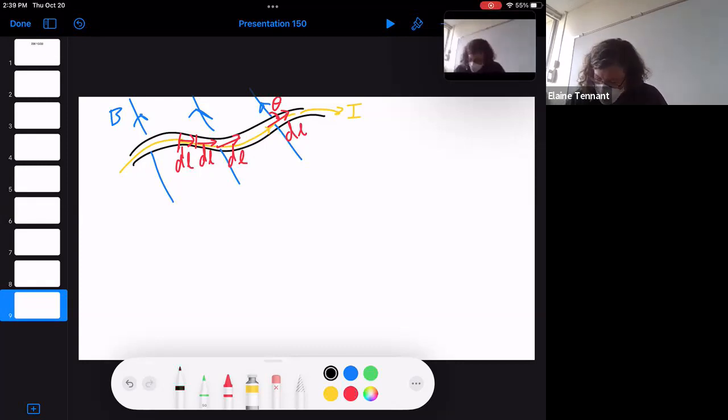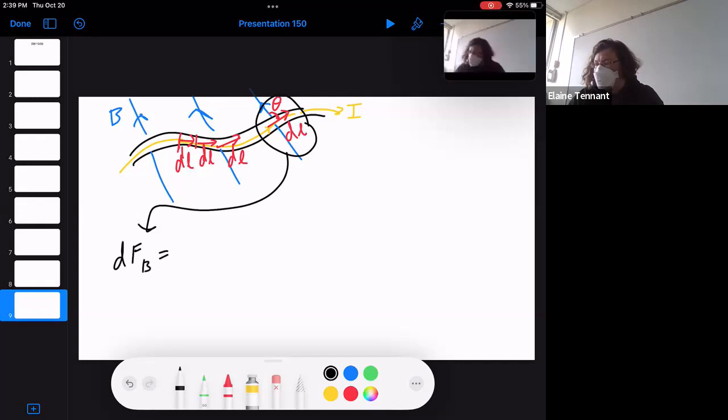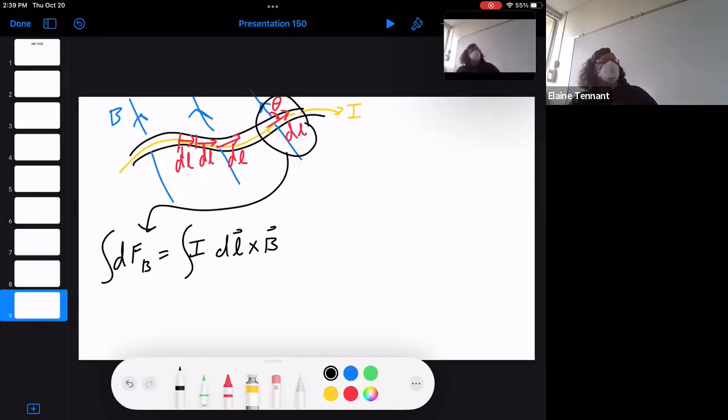So I would need to take each little chunk, figure out the force of that one little chunk, then add it to the next little force and to the next little force until I have a total force of this thing.